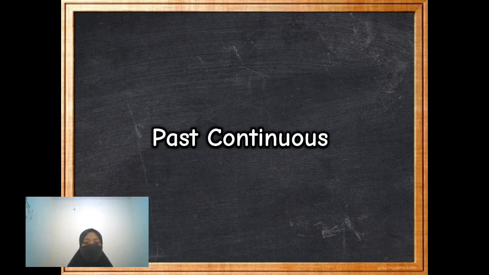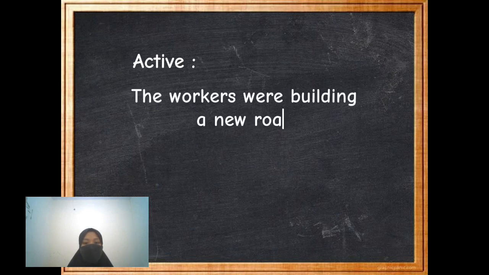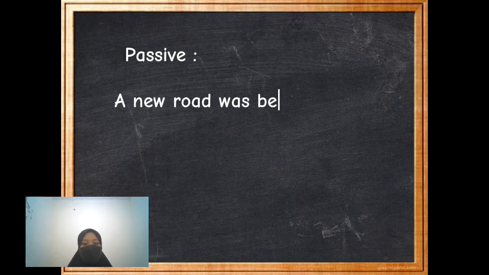Okay, next, past continuous. Active: the workers were building a new road. Passive: a new road was being built by the workers.